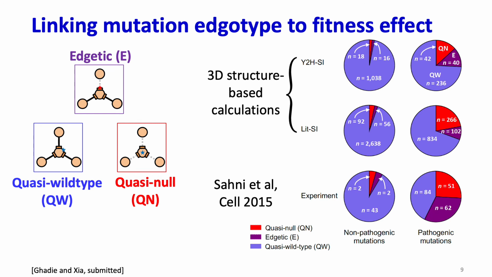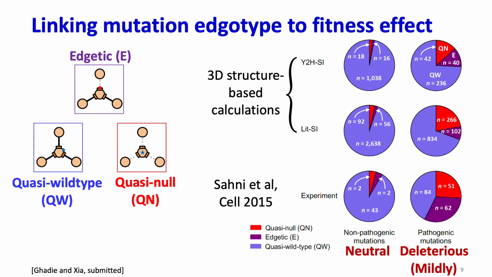In short, only a small fraction of common non-disease mutations are edgetic or quasi-null, whereas a much larger fraction of Mendelian disease-causing mutations are edgetic or quasi-null. These predicted fractions agree well with the observed fractions from mutation edgotyping experiments by Marc Vidal and colleagues.